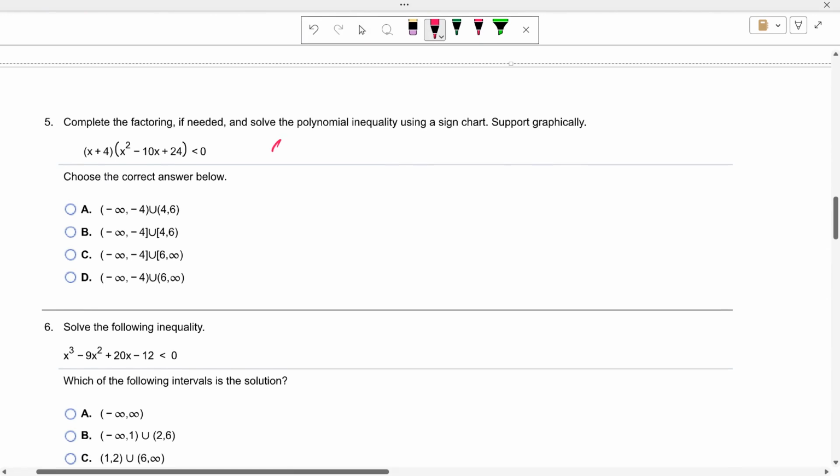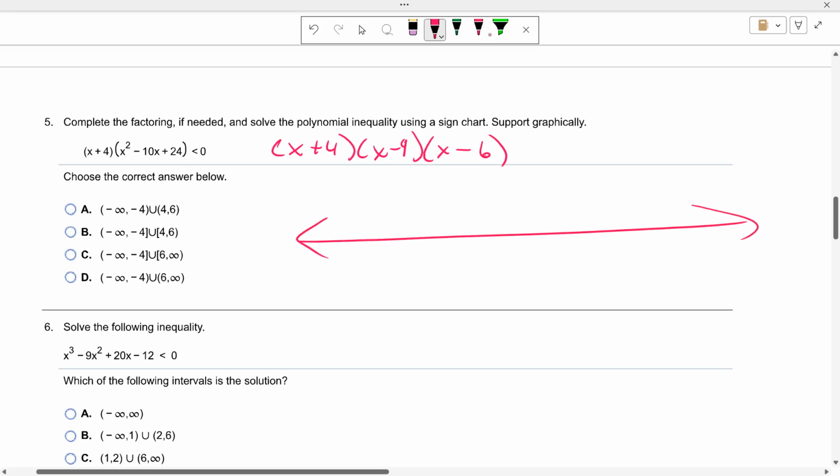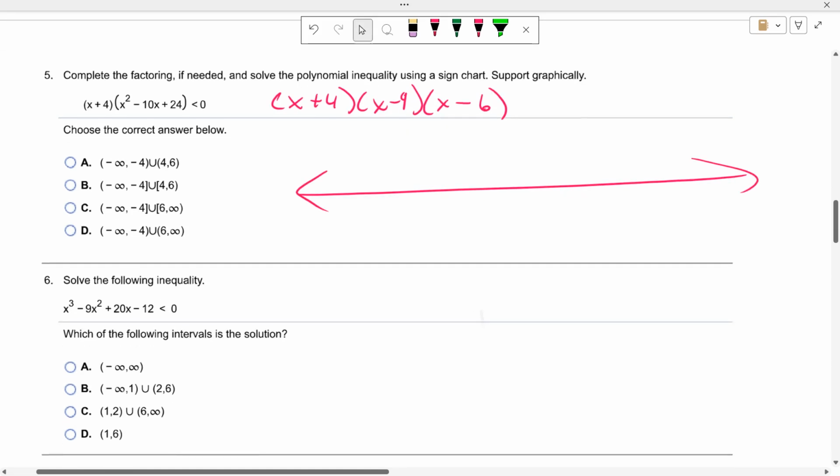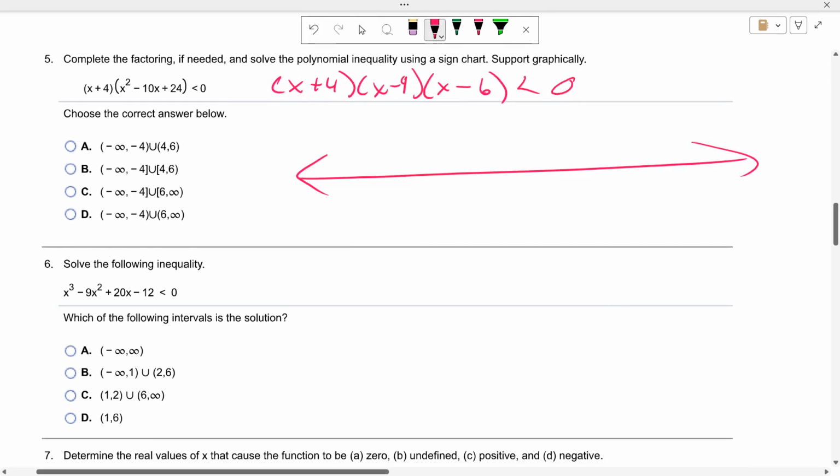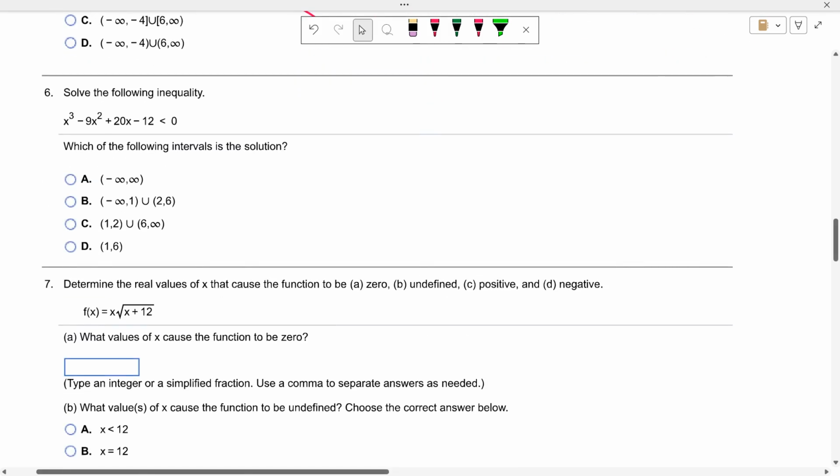For this one, this would be x plus 4 times x minus 4 times x plus or minus 6. So then you do the whole sign chart there and then figure it out. Where is it less than 0? Where is it negative? For this one, you have to factor.